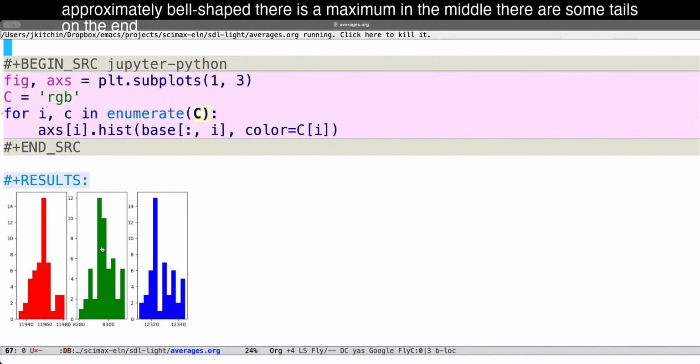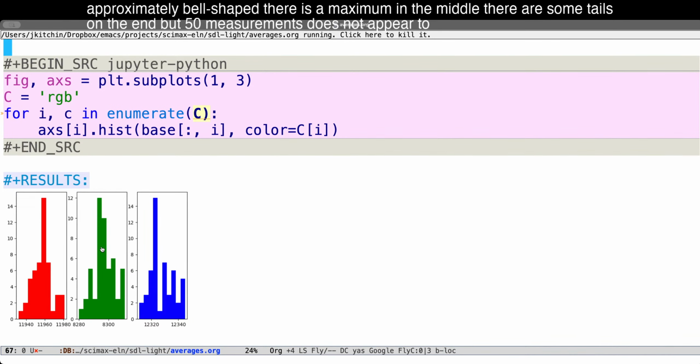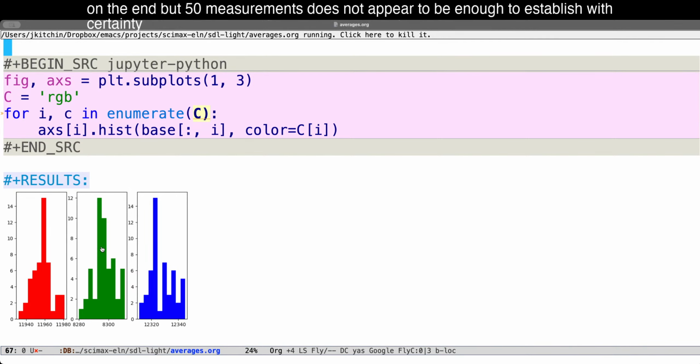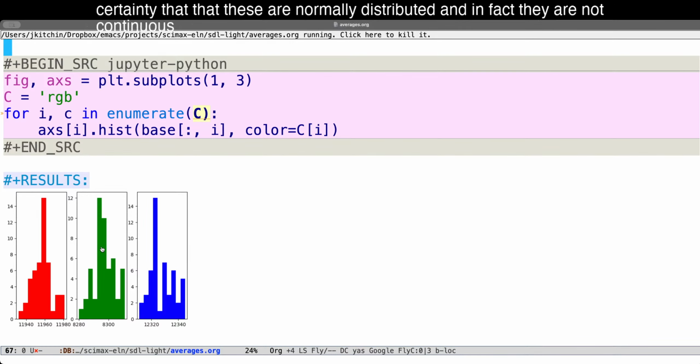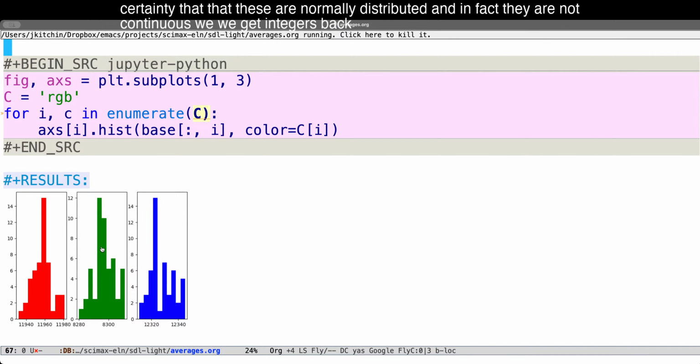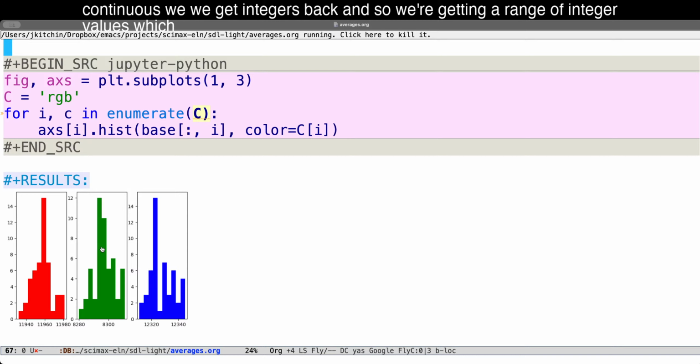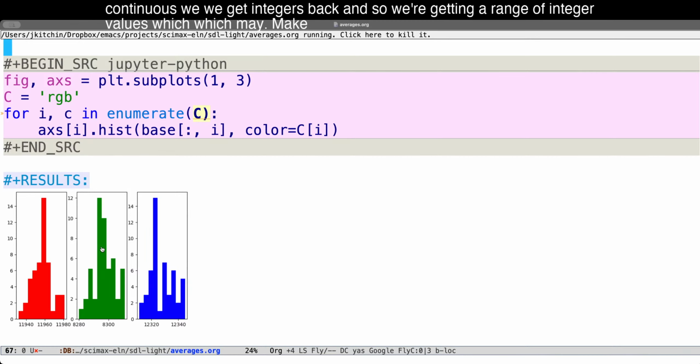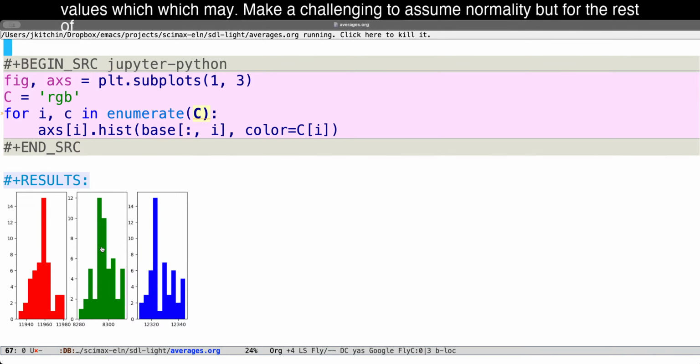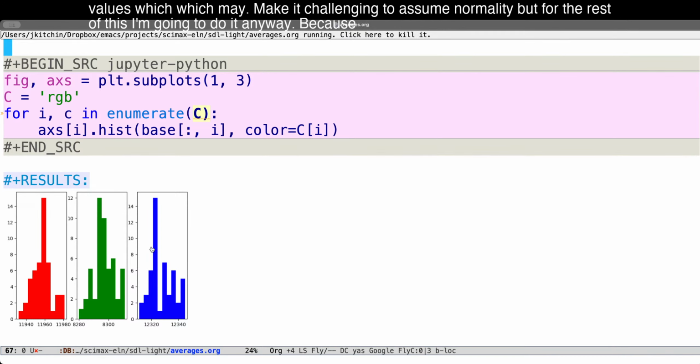But 50 measurements does not appear to be enough to establish with certainty that these are normally distributed. And in fact, they are not continuous. We get integers back, so we're getting a range of integer values, which may make it challenging to assume normality. But for the rest of this, I'm going to do it anyway, because I don't have a better assumption for this distribution.